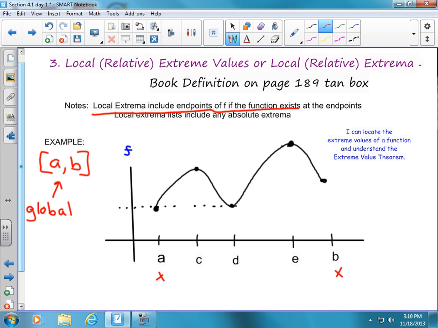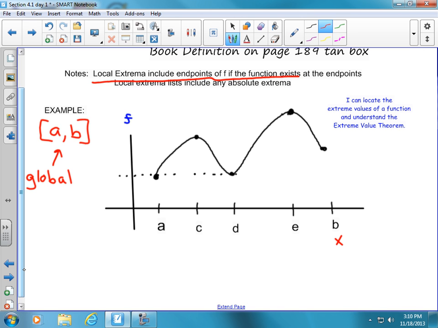Okay, so let's look at our minimums first. We have two minimums. They're equal. There's no other point lower on the graph. These two are absolute minimums. They're both absolute because they have the same value. They're also local minimums because in that area they're both the minimum values.